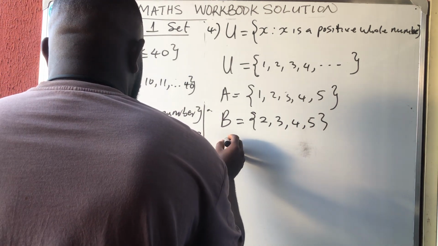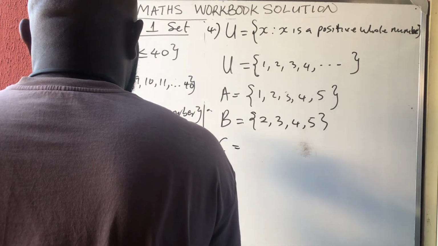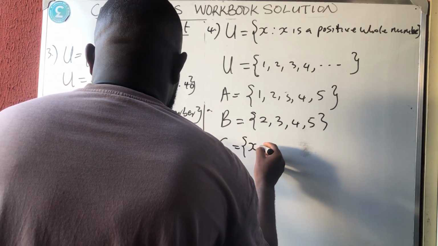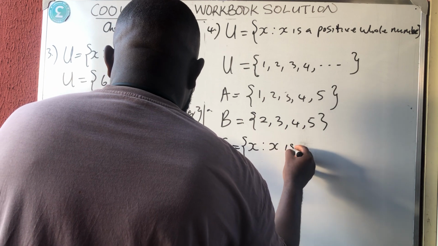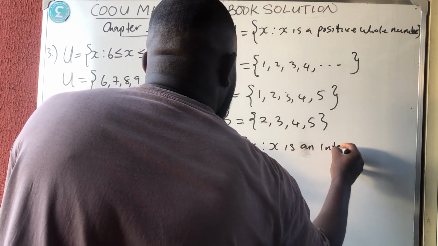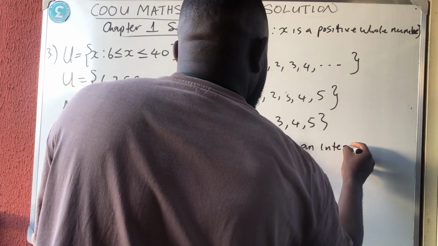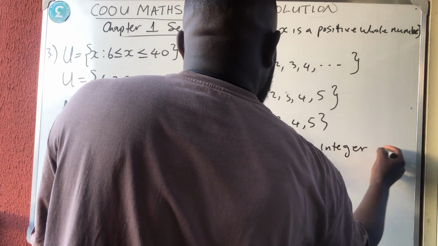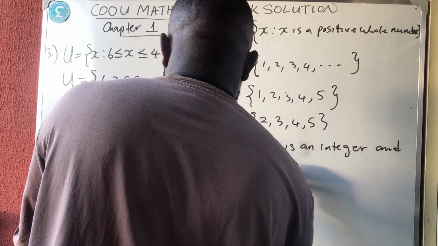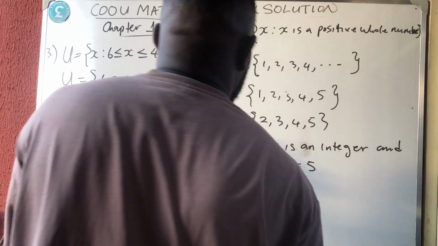For C, they say that C is equal to the set of x such that x is an integer and 2x plus 1 must be equal to 5.